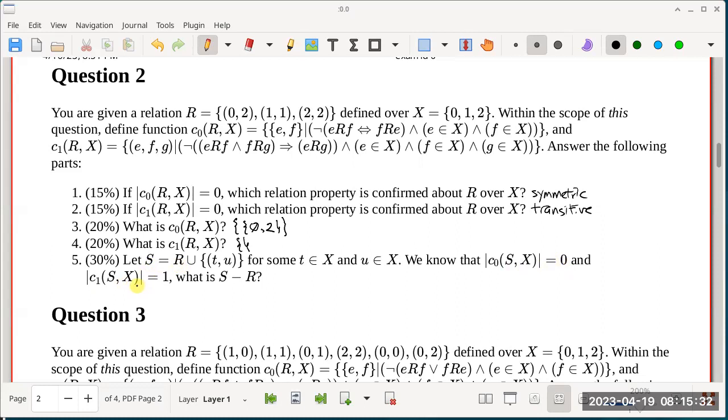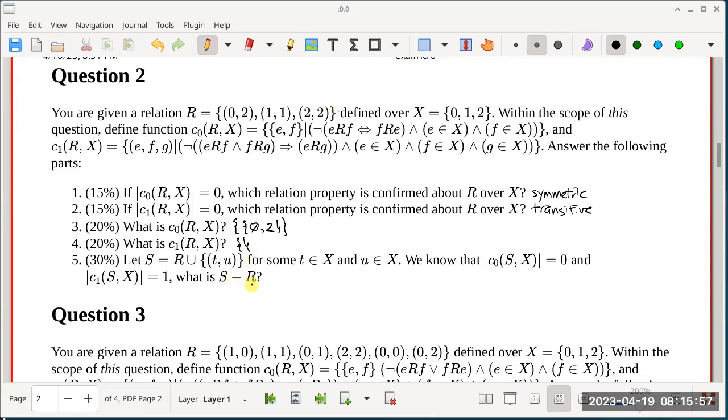So to make it symmetric, we need to add 2, 0 to it. By doing so, it is also going to be not transitive, because by adding 2, 0 to this particular relation, then it is not transitive, because 0, 2 is here, 2, 0 is here, but 0, 0 is not here. That makes it not transitive.